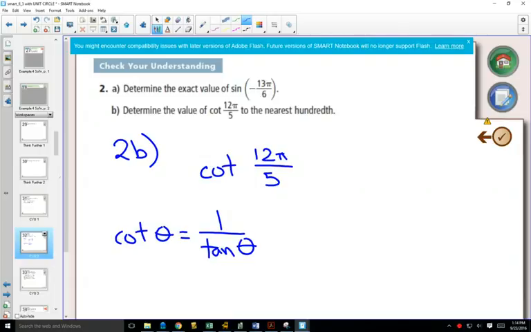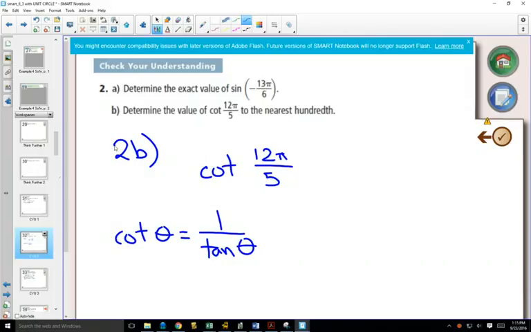A couple of things that are important. You know how in our previous examples we figured out the ratio for sine, and then when we figured out the ratio for cosecant, its reciprocal, we just flipped it. And we figured out the ratio for tan, and when we figured out the ratio for cotangent, we just flipped it. Okay? It's important to notice the difference in this question.